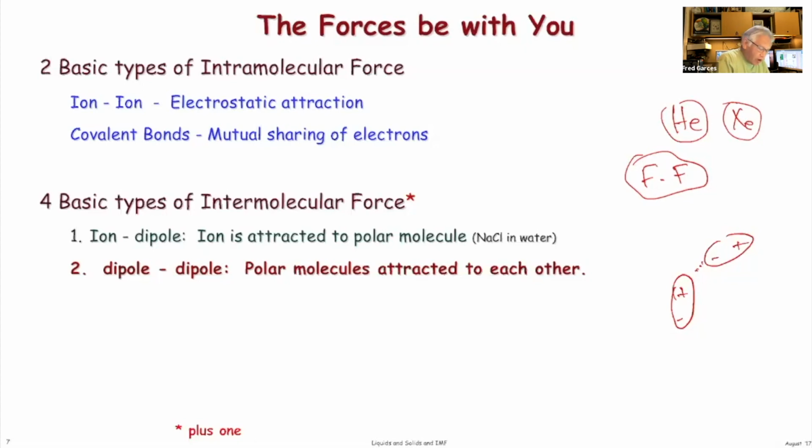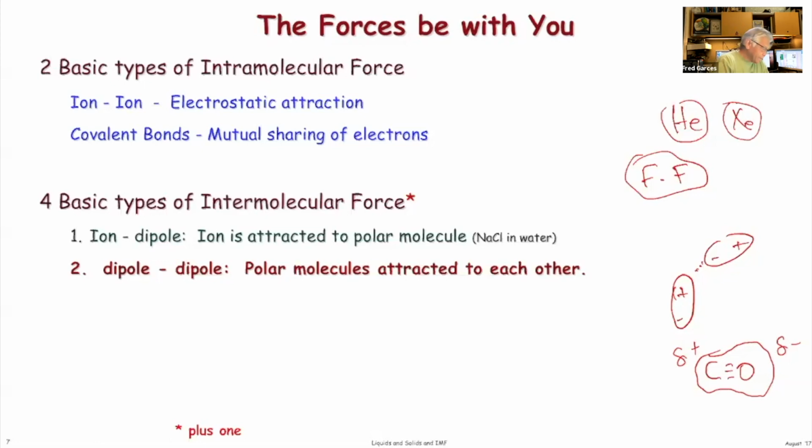If you have carbon monoxide, on the other hand, oxygen is more electronegative than carbon, and so it's going to be attracting more of the electron density on itself. And because it has more of the electron density, then we have something called a polar chemical, and polar chemicals give rise to dipoles.